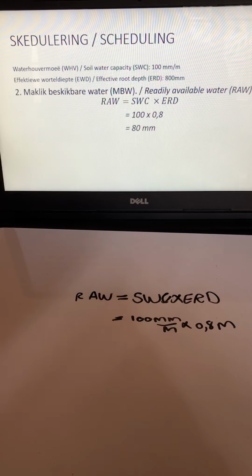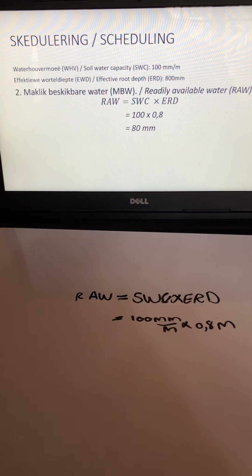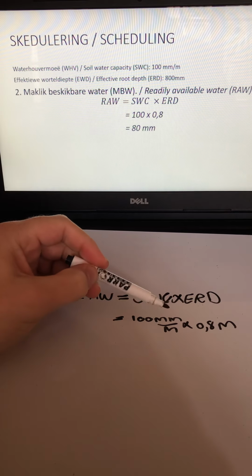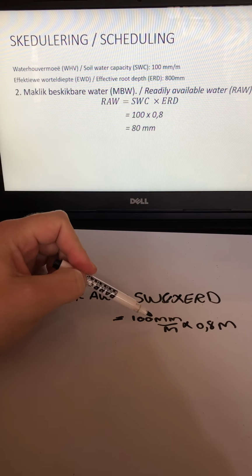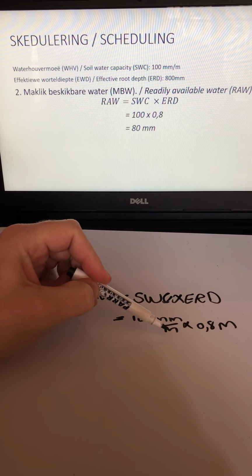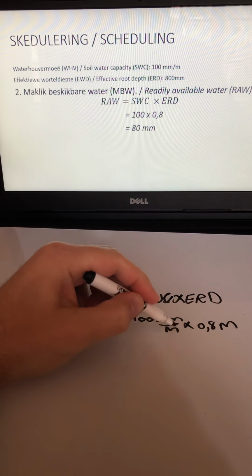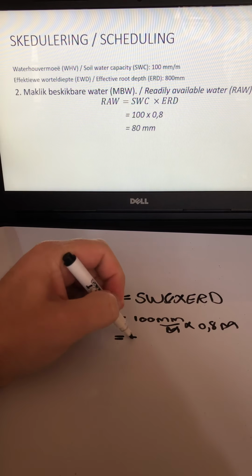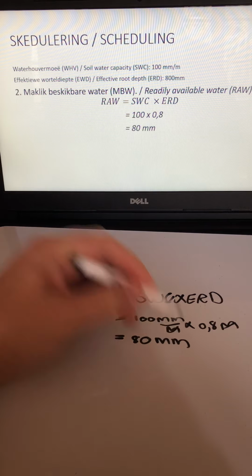The reason why we take that effective root depth over 2 meters is because soil water capacity is millimeters per meter at the moment. So if you take this 2 meters, then your answer will be 80 millimeters.